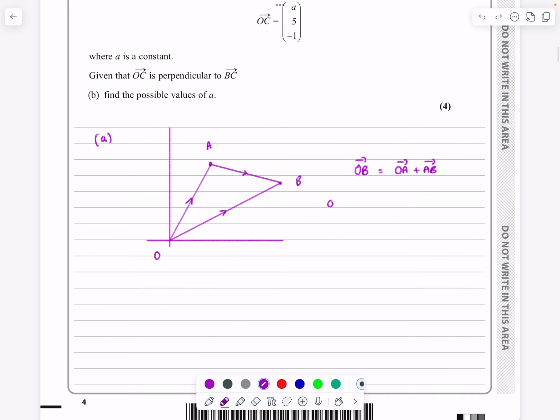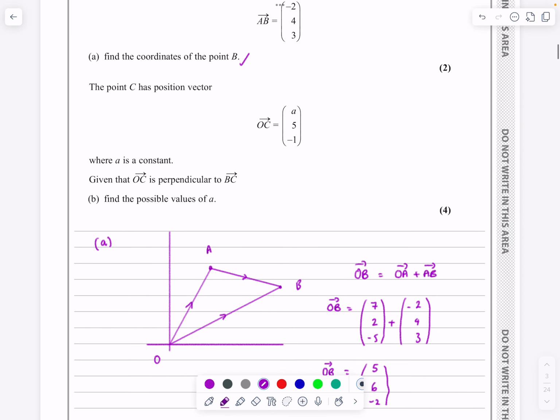So OB is just going to be OA, which was 7, 2, minus 5, plus AB, which was minus 2, 4, 3. So if we add those two together, we get that OB works out to be 5, 6, minus 2.